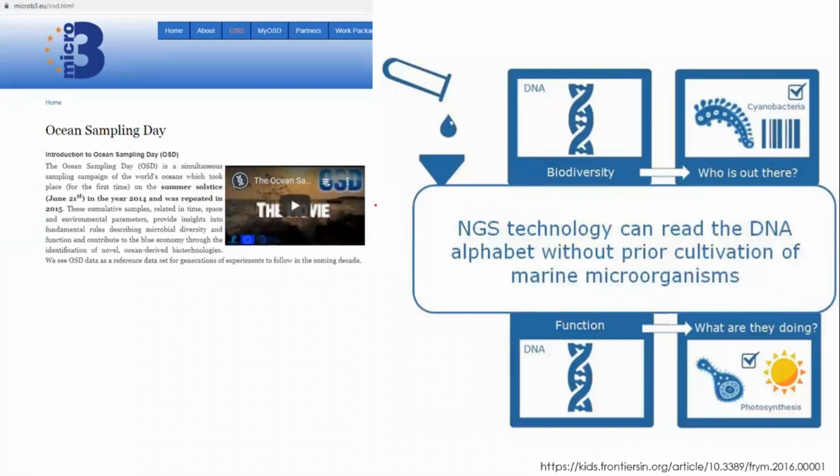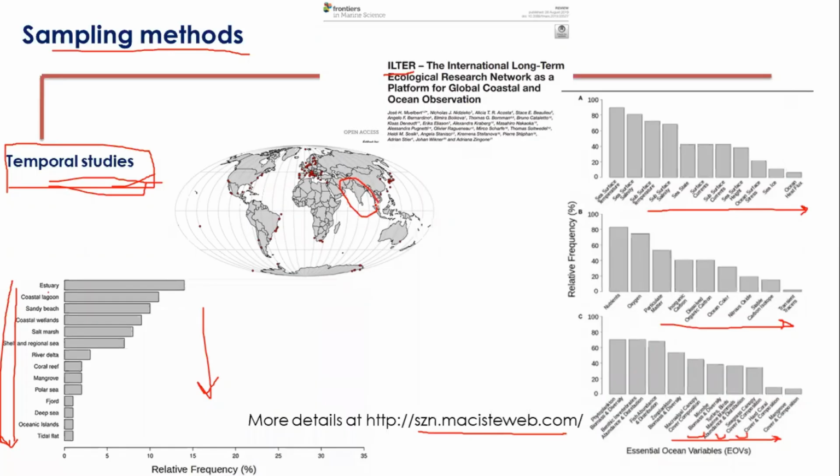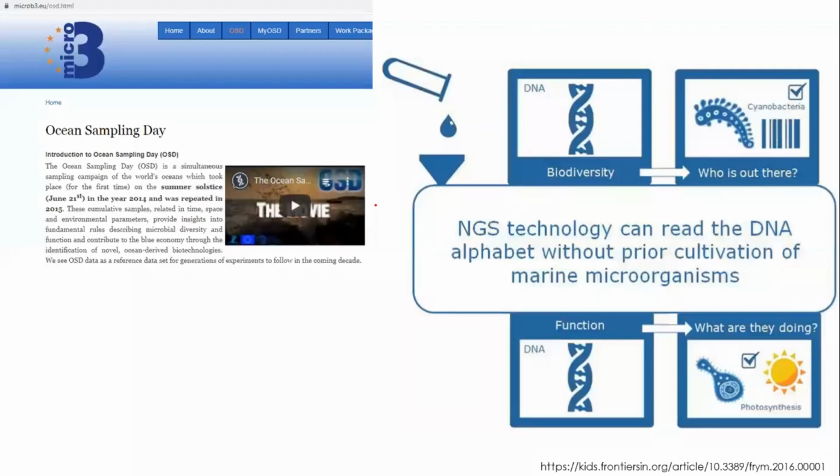Okay. So similar to the temporal study, there are also attempts made to understand the ocean at one particular time, a kind of special study, mostly on June 21st in 2014 and 2015, that is the summer solstice, right?